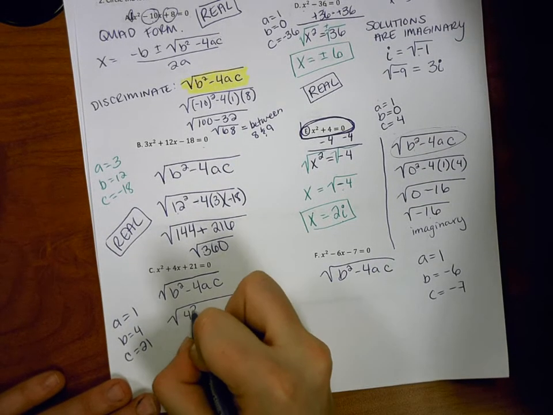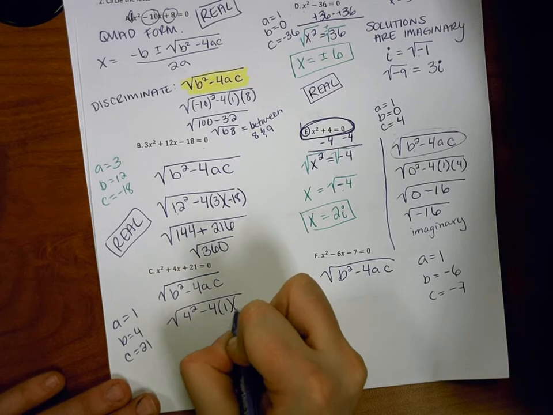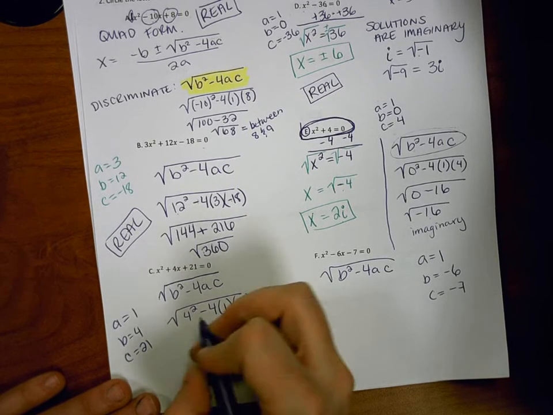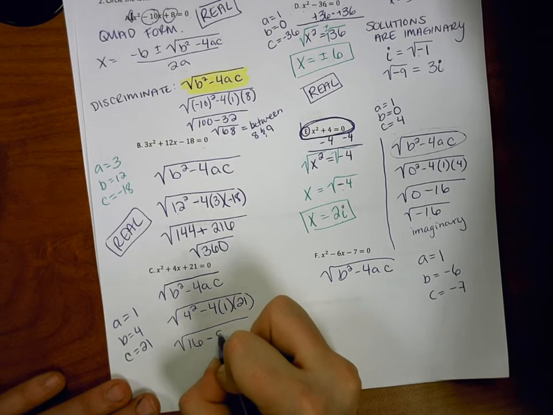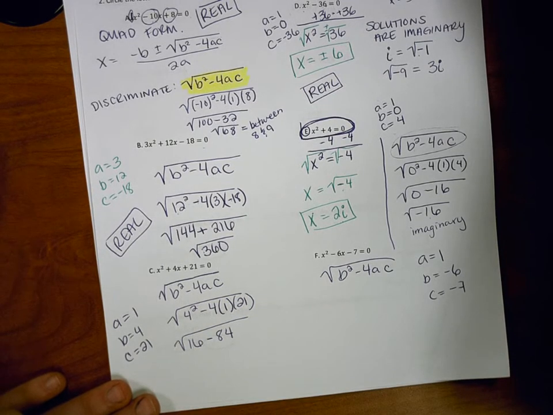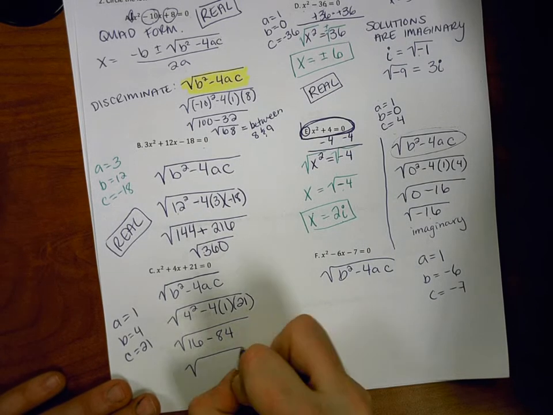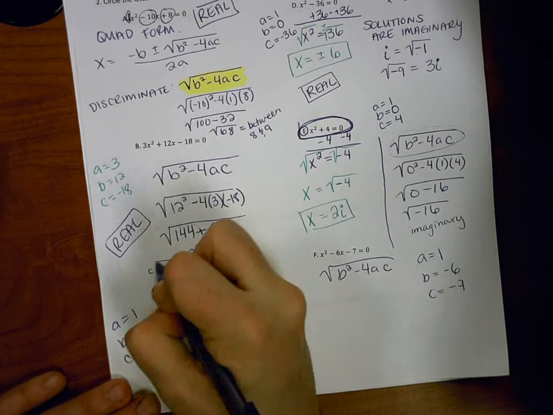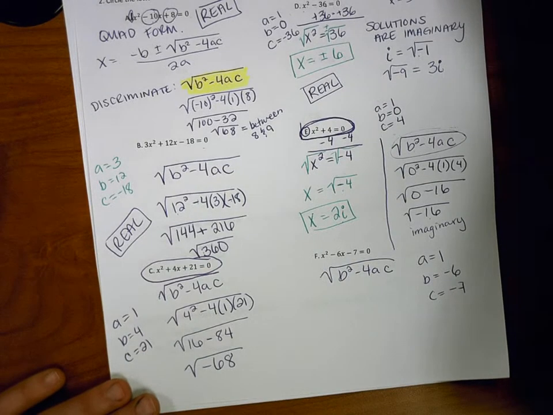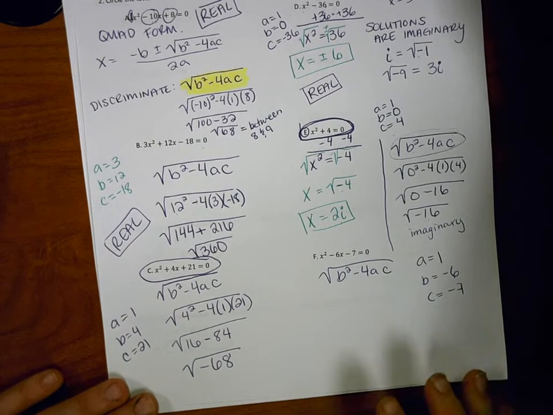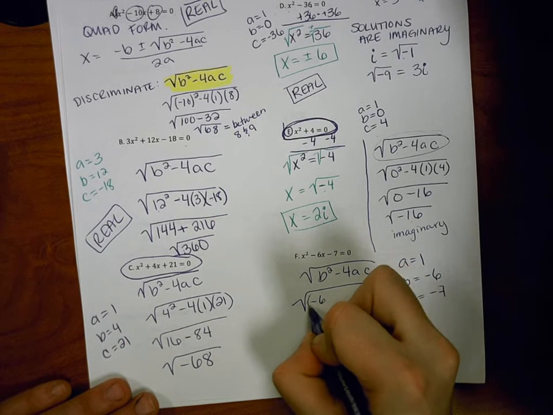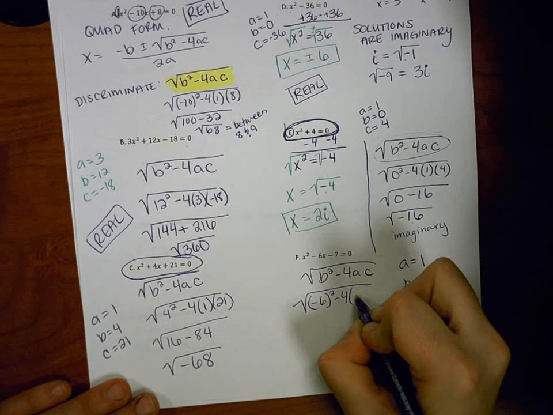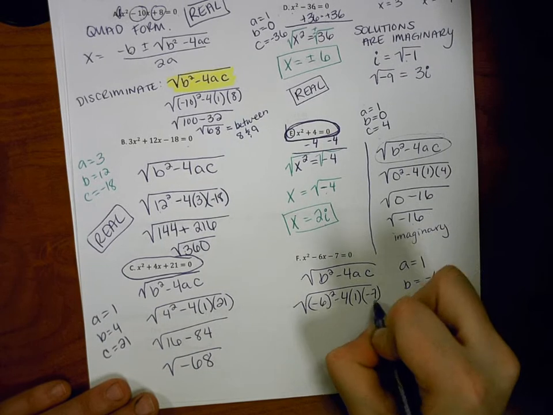So 4 squared minus 4 times 1 times 21. That gives me 16 minus 84, which is negative 68. That's a negative number under my square root, which makes it imaginary. Over here, I'm doing negative 6 squared minus 4 times 1 times negative 7.